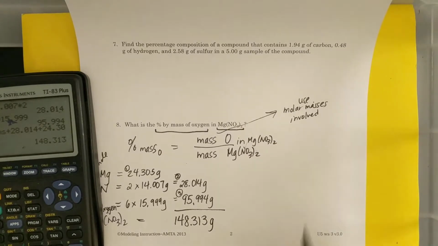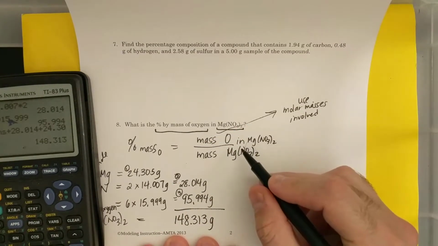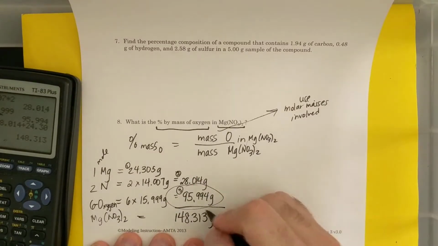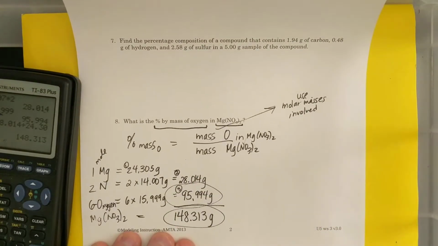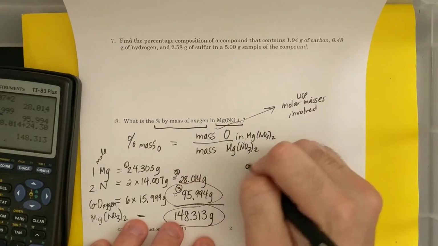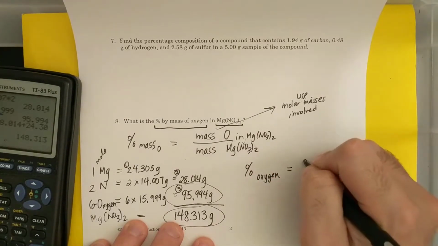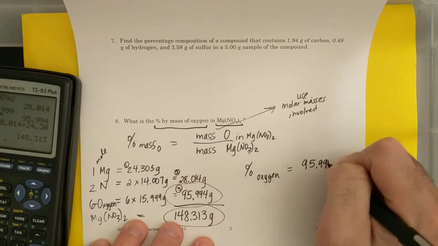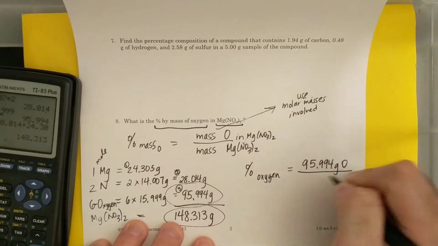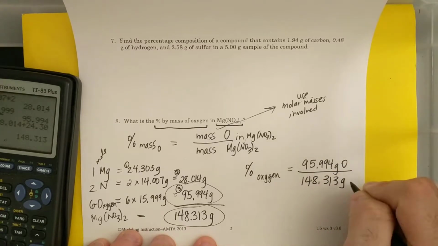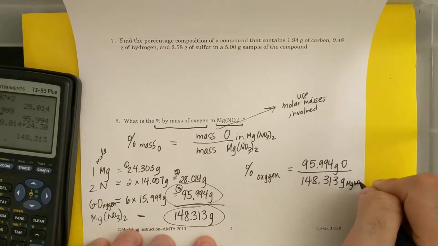Okay? Now, if I want percentage of oxygen like I said, well, I need my mass of oxygen with respect to my mass of my entire compound. So percentage of oxygen is going to be the 95.994 grams of oxygen over the 148.313 grams of the magnesium nitrate.